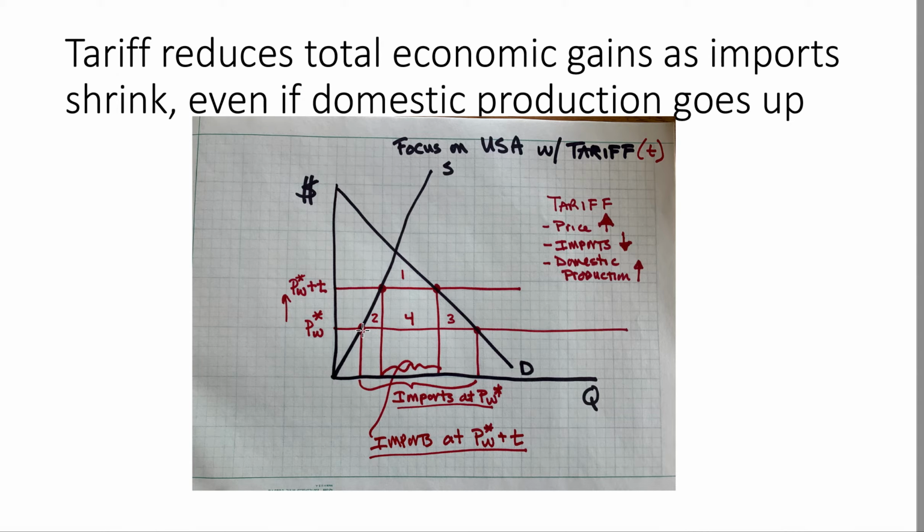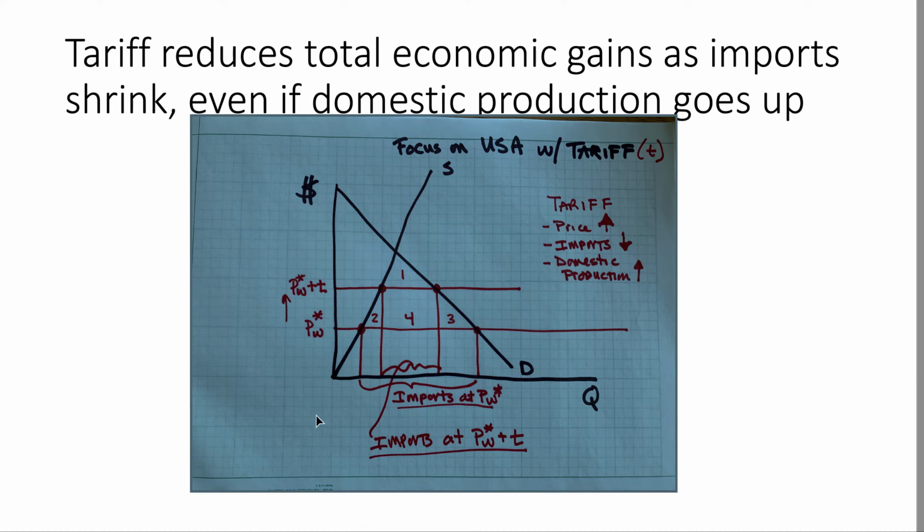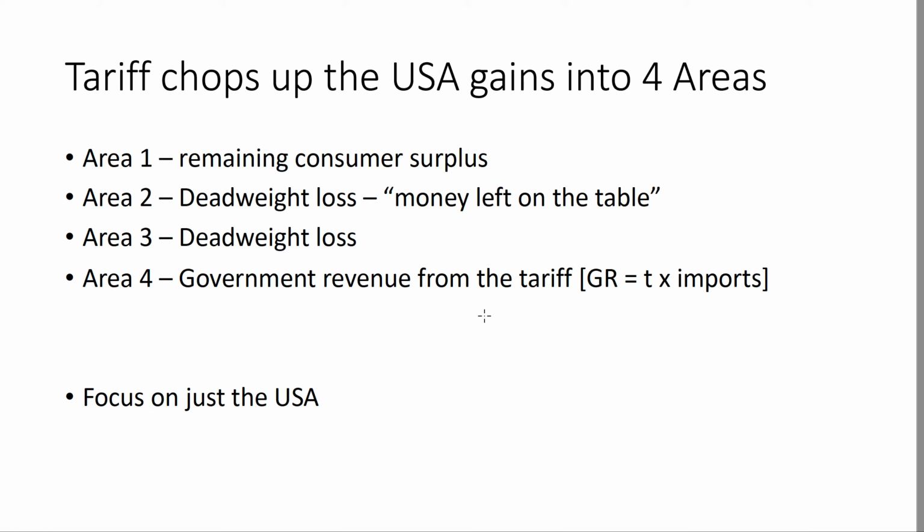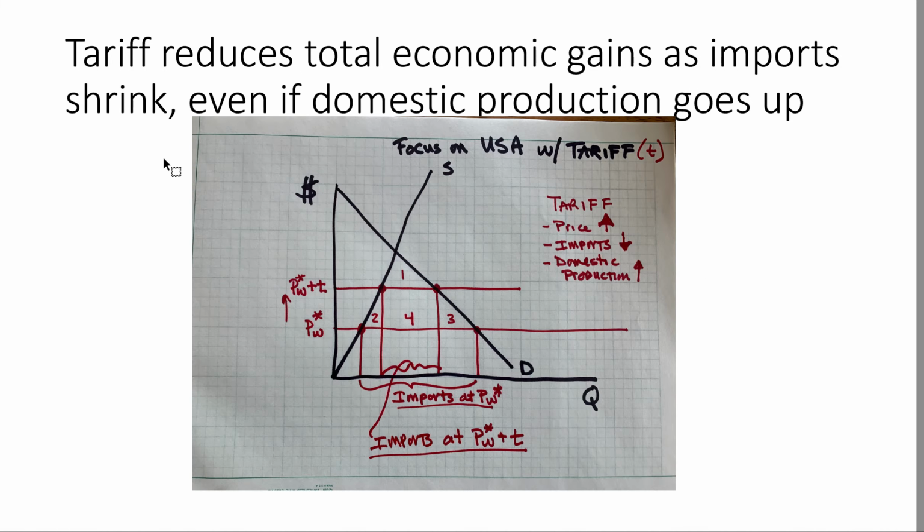This dot and this dot represent imports without a tariff. This dot and this dot represent imports with a tariff. Now there are 4 different areas that we want to consider here. Area 1 is the remaining consumer surplus. That is the surplus we get from importing something at a higher price. So we still gain that.